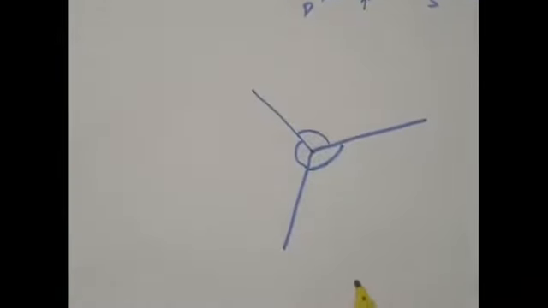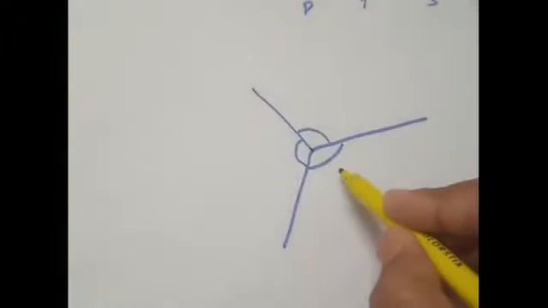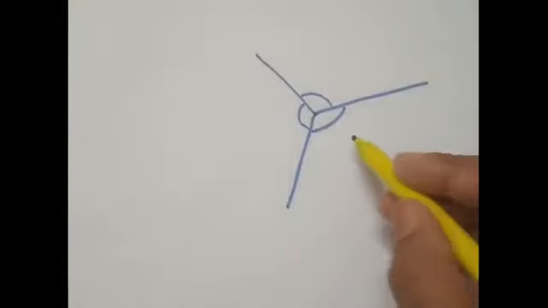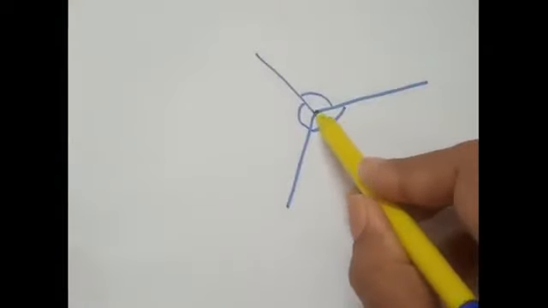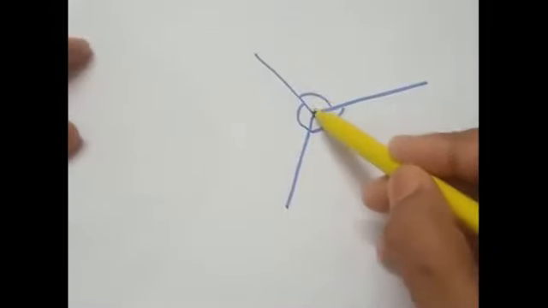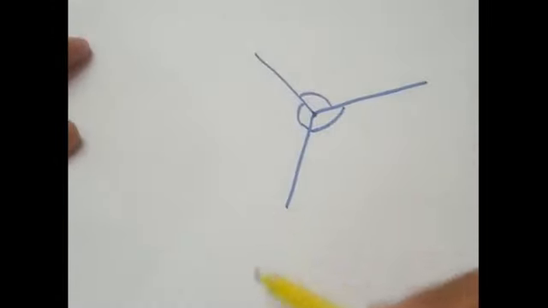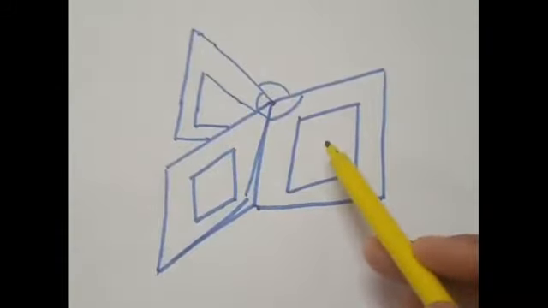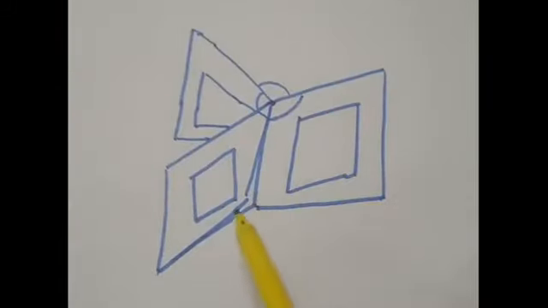And how are we going to join them? Here we have three single phase transformers connected across this line. This is how it looks when we join three single phase transformers with each other at a 120 degree angle.